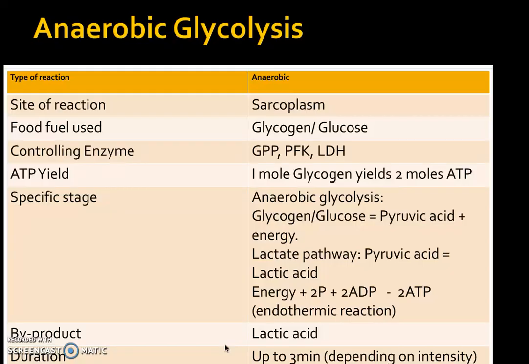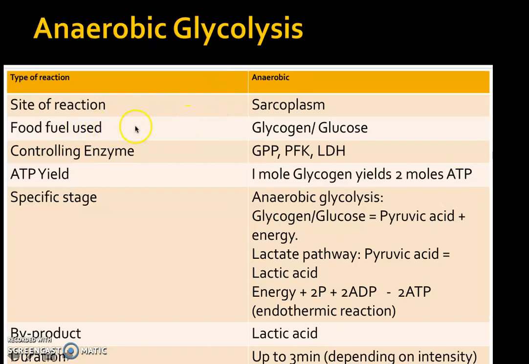Now, the other thing that we would need to know, especially for an exam question, I think this is a really, really important table, these next two, because it tells us exactly what we need to know about each one of the different systems. So, the type of reaction, that's what we need to know first of all. So try and go through it as a process. It's an anaerobic process. The site of the reaction is the sarcoplasm. Very, very specific, that.